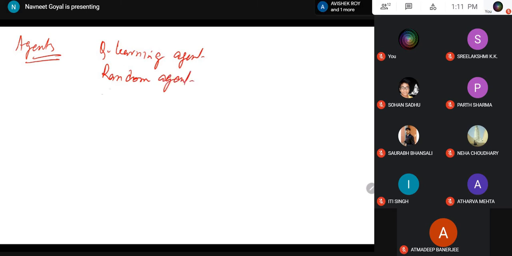And then there's a simple agent. Okay, so you understand the difference between these. Random agent we have discussed, simple agent also we have discussed earlier in the course. So Q-Learning agent means it uses the Q-Learning algorithm. Okay. Then the random agent is one that makes random moves.